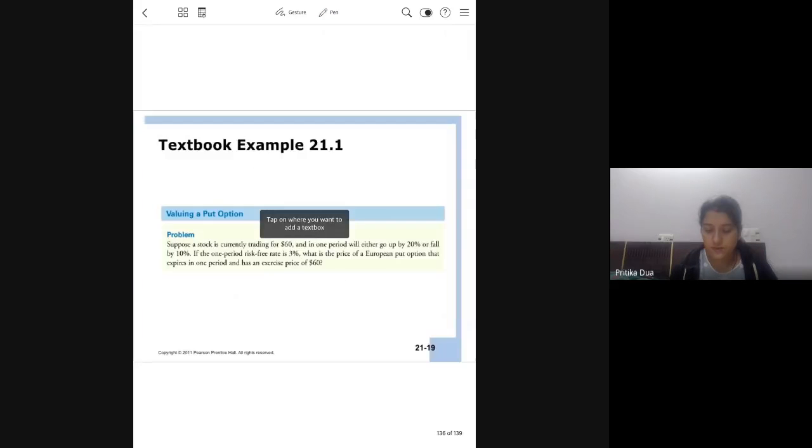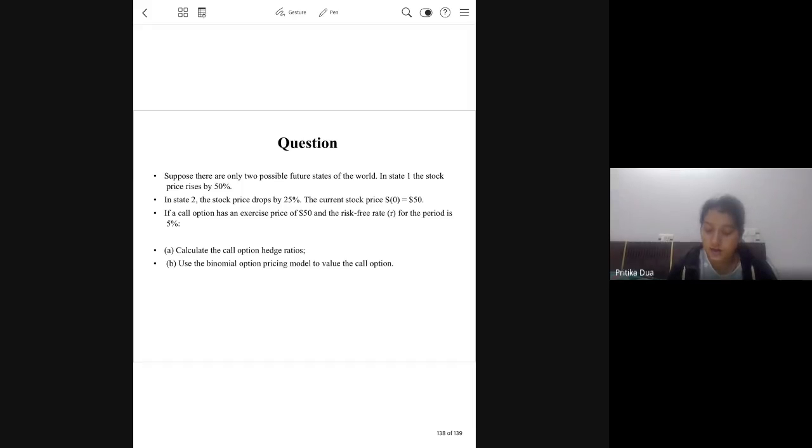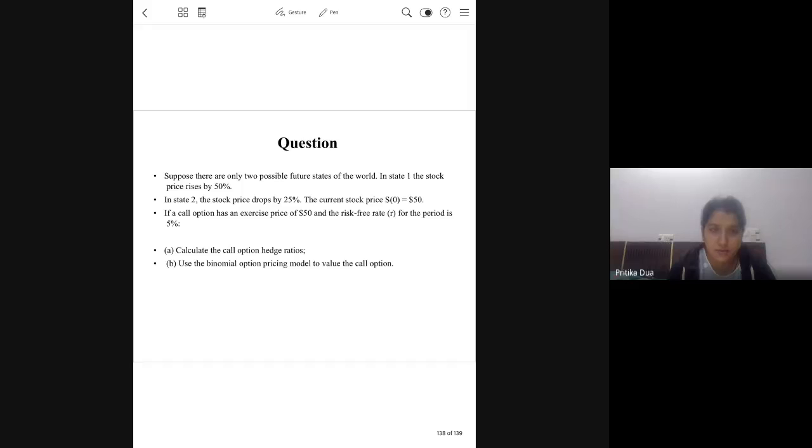So here is the question. Now there are again two possible future states of world. In state 1, the stock rises by 50%, and in state 2, the stock prices drop by 25%. The current stock price is $50.